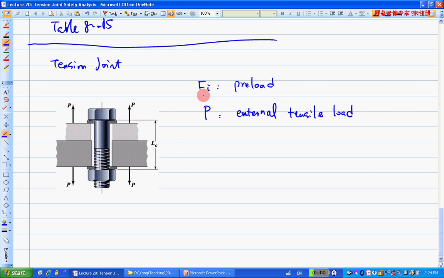And now the external load capital P comes in the picture. Part of the external load P is going to be taken by the member, and part of it is going to be taken by the bolt.